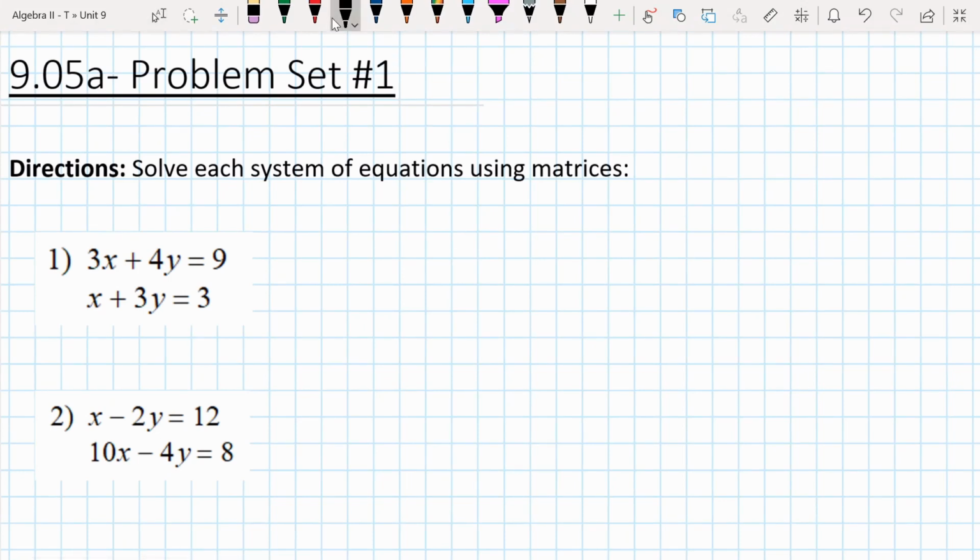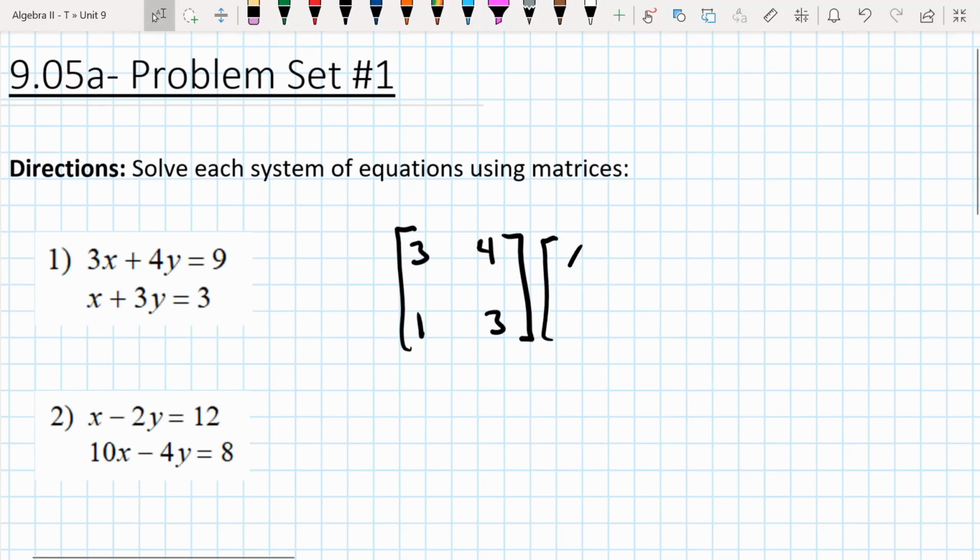So for number 1, we can convert this 2 by 2 system of equations to its equivalent matrix form, where we have 3, 4, 1, 3. So we're going to take this 2 by 2 matrix and multiply it by x and y. And then we're going to set it equal to the numbers on the other side of the equation, 9 and 3.